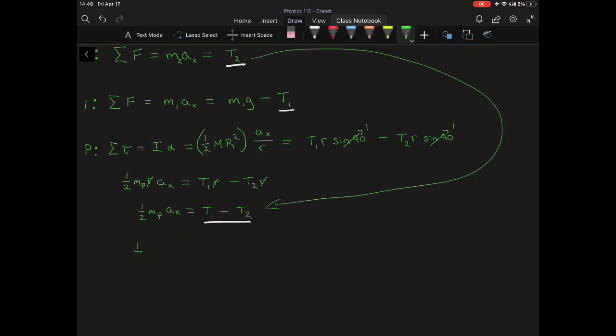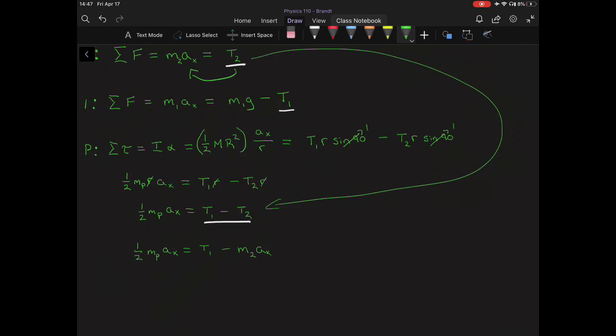So we have 1/2 the mass of the pulley, a_x is equal to tension 1 minus T2, but T2 was just equal to M2A.